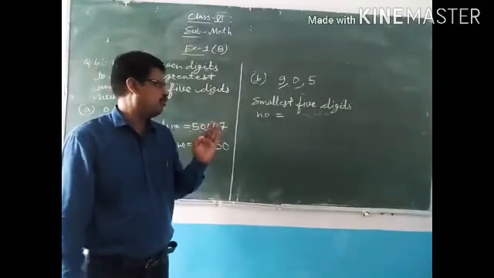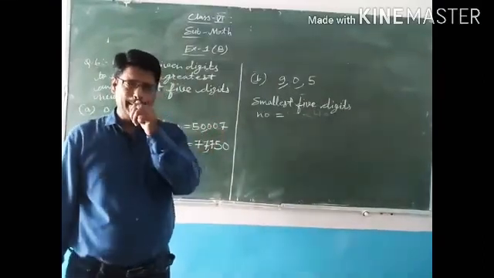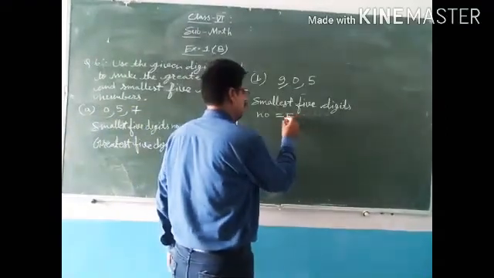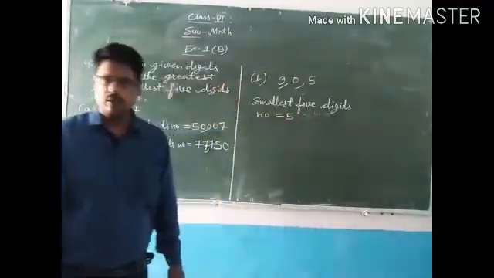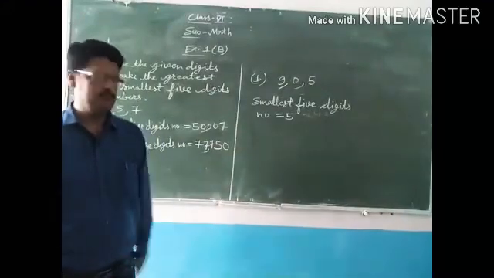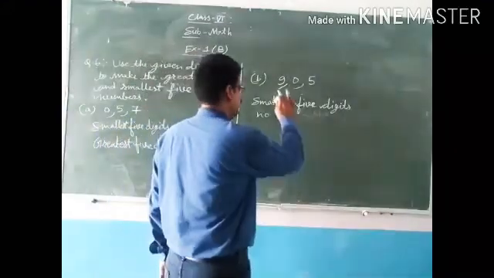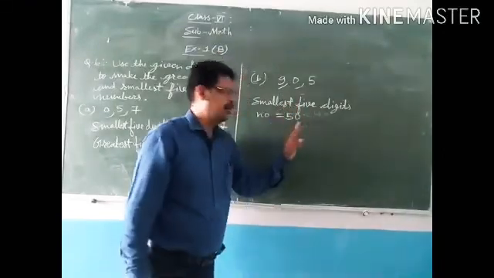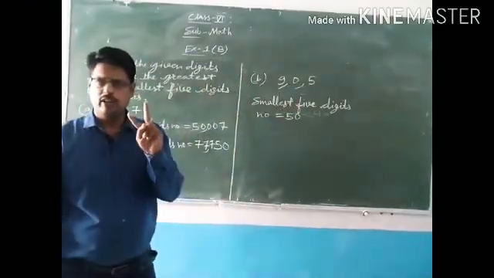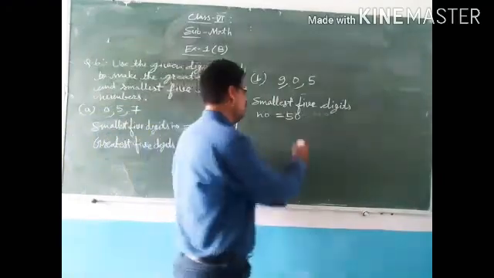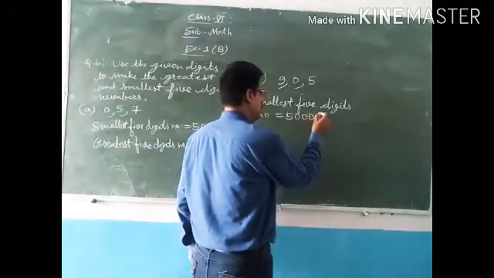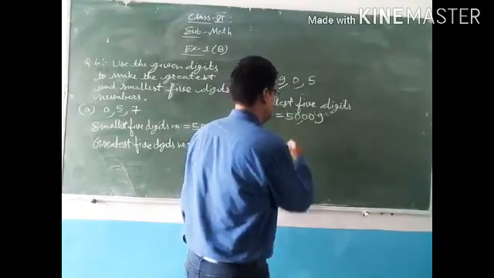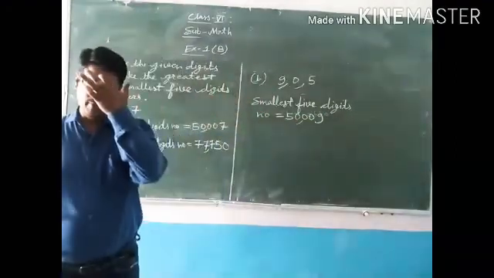Firstly, in smallest 5-digit number, look at here, 0 we cannot write in the beginning. So after that 5 is the smallest digit. So we have to write 5. And then after 3 digits are there. So 0 we will write this, and 2 digits more we require. So these 2 digits would be 0, 0 and then after 9. This would be your smallest 5-digit number.